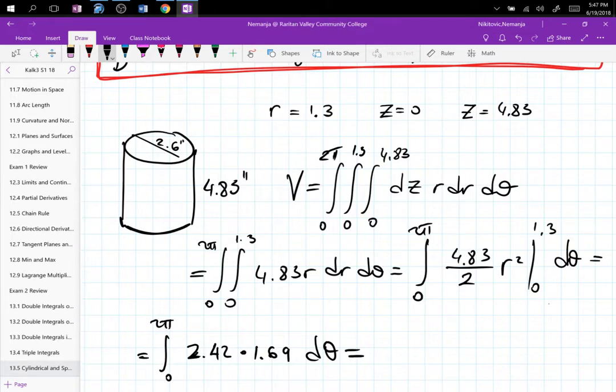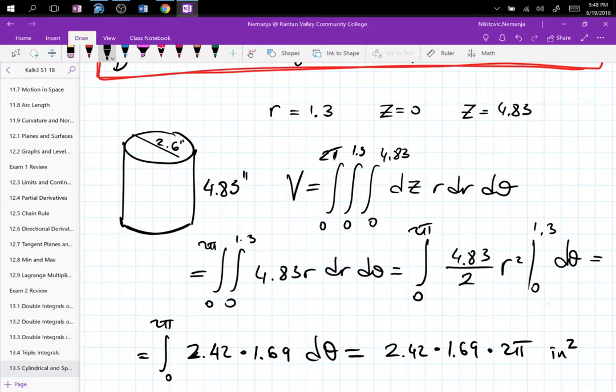When you integrate this, you will get 2.42 times 1.69 times 2 pi. And this would be in inches squared.